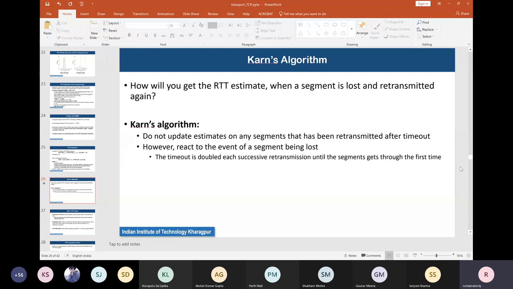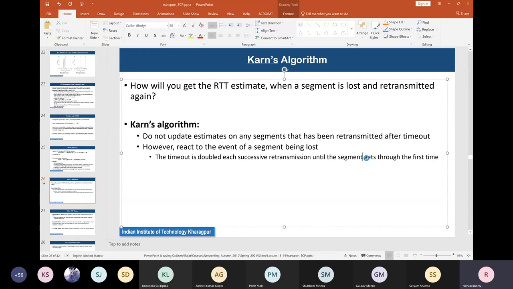Only for that segment you say, okay, fine, I will not let the measurements for this segment affect my overall RTT and RTO values. But now that I am retransmitting, I will double my timeout for every successive retransmission of this segment, until the problematic segment finally gets through.